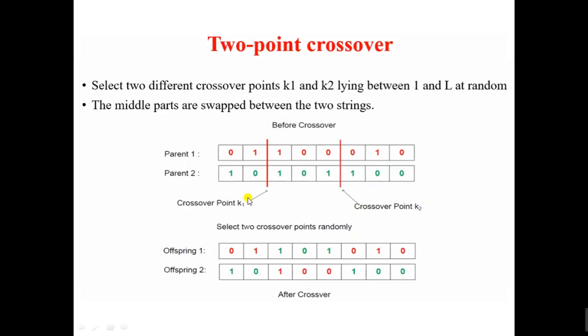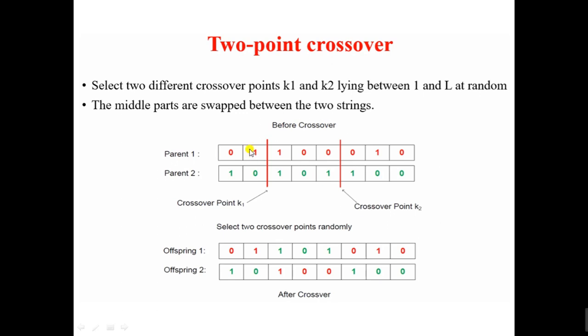Next one, 2 point crossover. 2 point crossover means we take the crossover point at two places. Here I am taking crossover point K1 and another crossover point K2. If I do the crossover operation, see here the first parent in red color, 0 1.